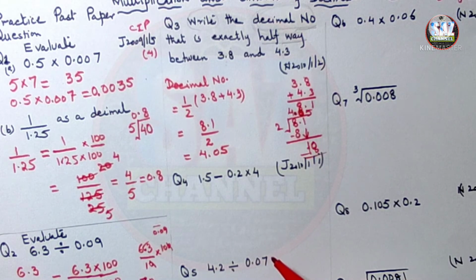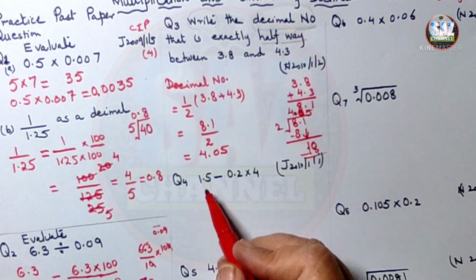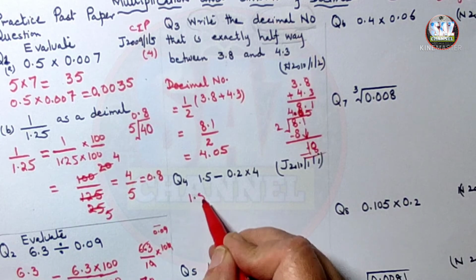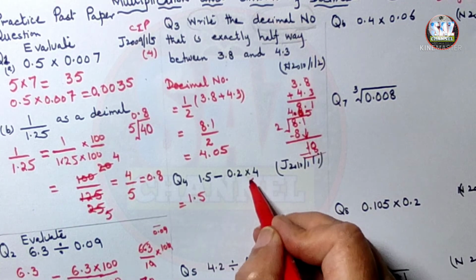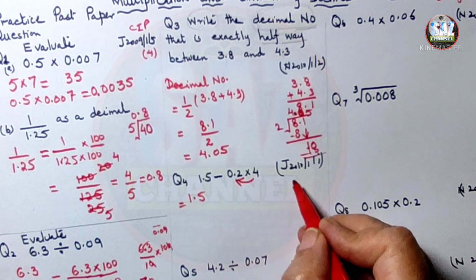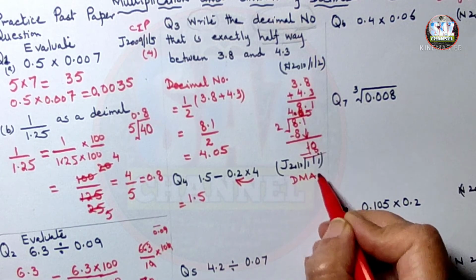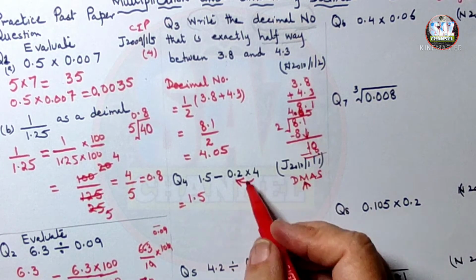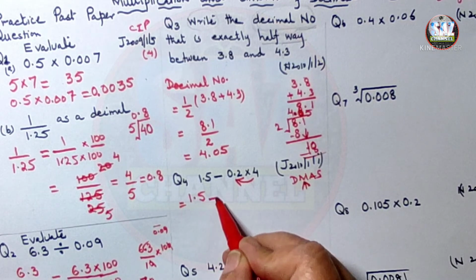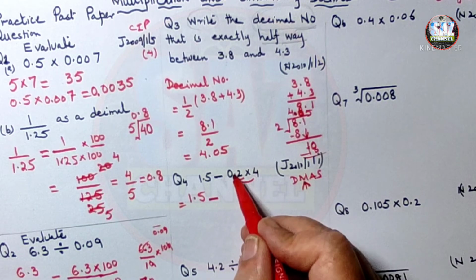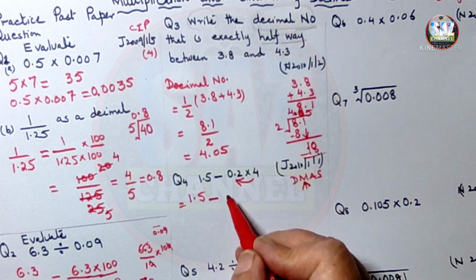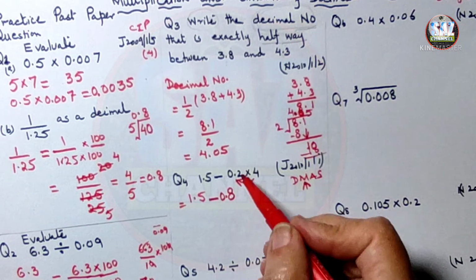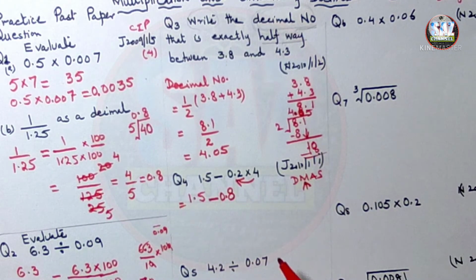Moving to the next question, and the next question is 1.5 minus 0.2 multiplied by 4. First, students, we cannot forget the rule of DMAS. D-M-A-S, division is not here, but we have to focus on multiplication. So I have to first multiply, 4 times 2, recall the CIP rule: ignore and multiply, and then put the decimal after 1 digit, because the question has only 1 digit after the decimal.